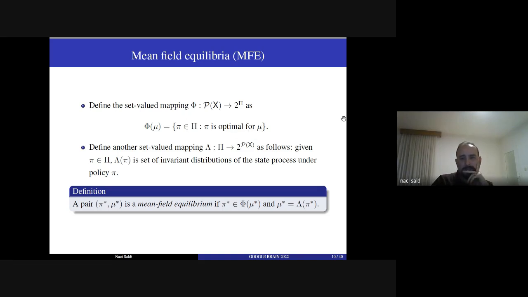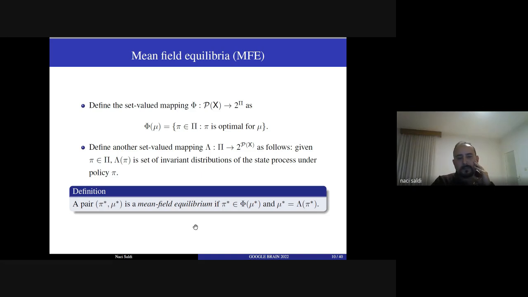The second set valued mapping maps any policy to a set of mean field terms: given any policy pi, this set is the set of invariant distributions of the state process under policy pi. Remember that our state dynamics is homogeneous and our policy is stationary. Therefore, we can talk about the invariant distribution of the state process.